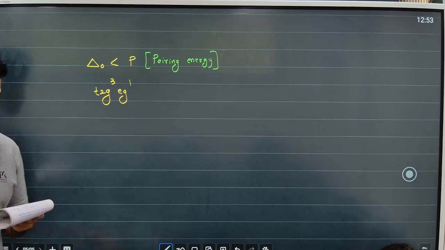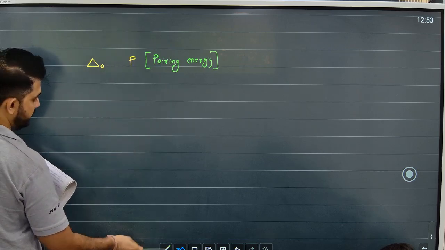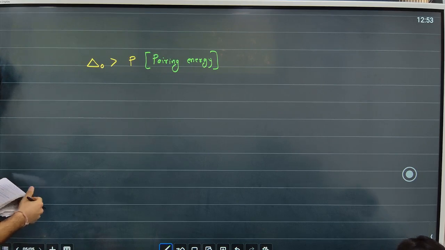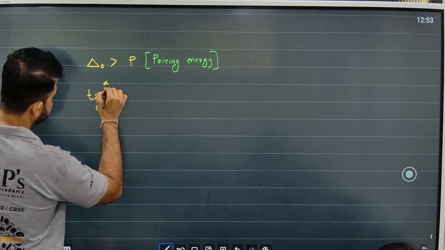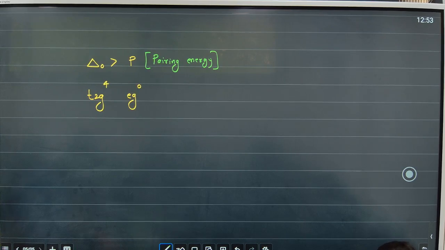The t2g, with the configuration t2g4 eg0.